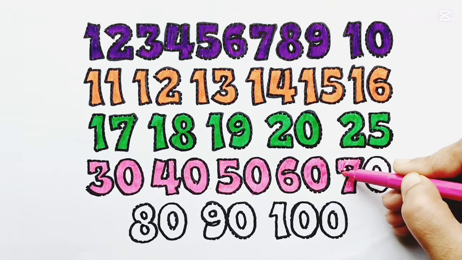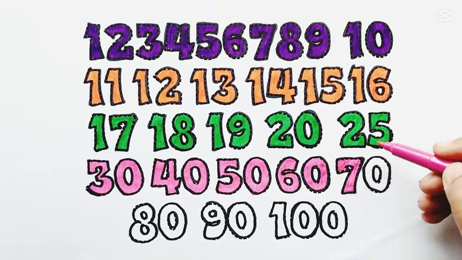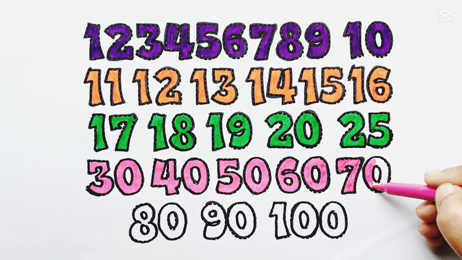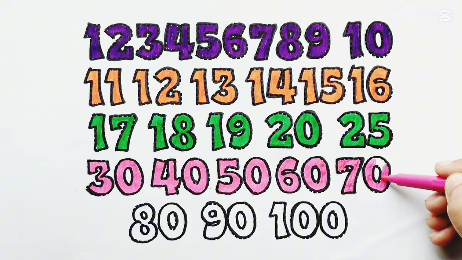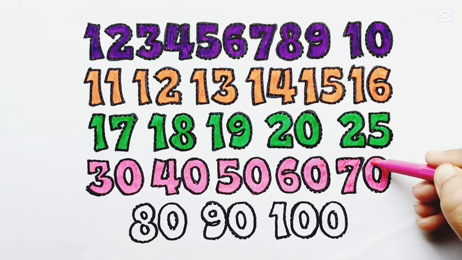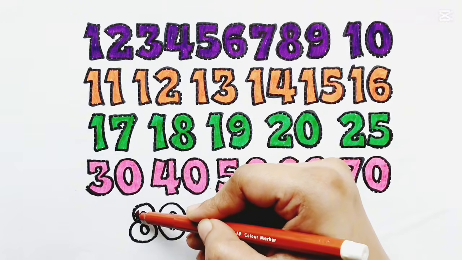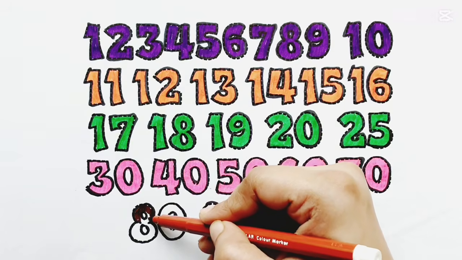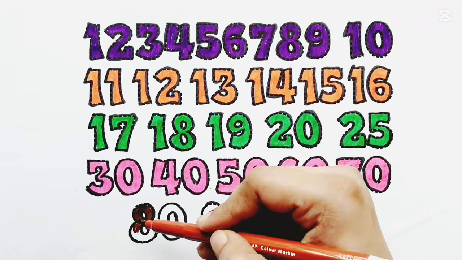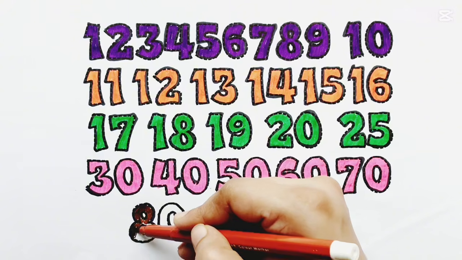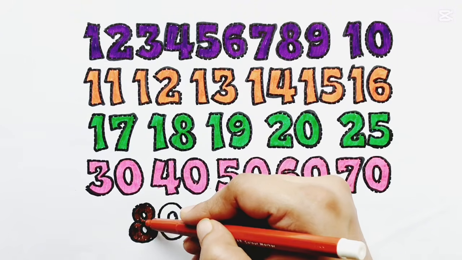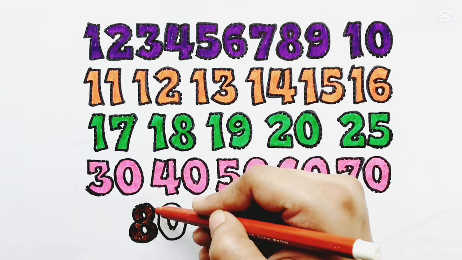Alligator, ant, amazing, art, apple, angel, address, 80. Animal, answer, April, autumn, ambulance, airplane, arrow, alligator, ant, amazing art.